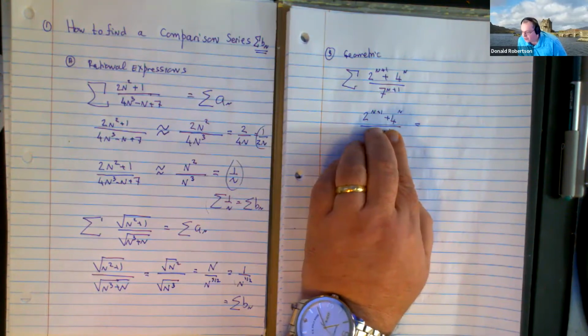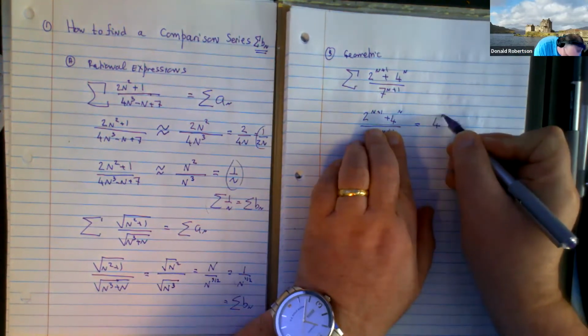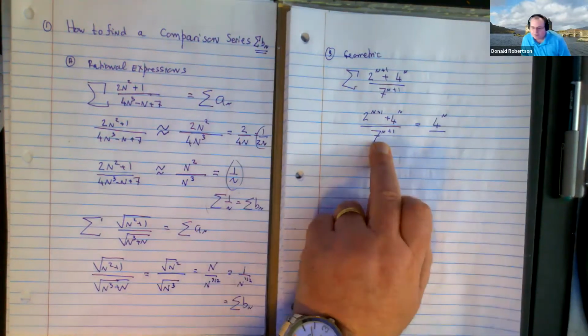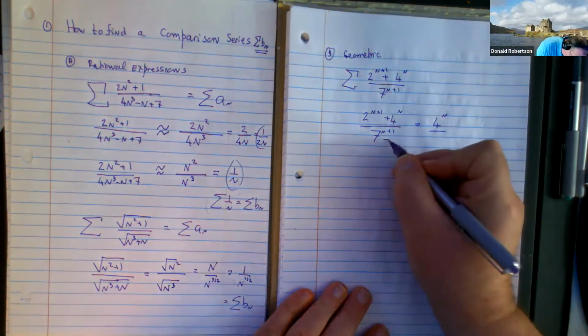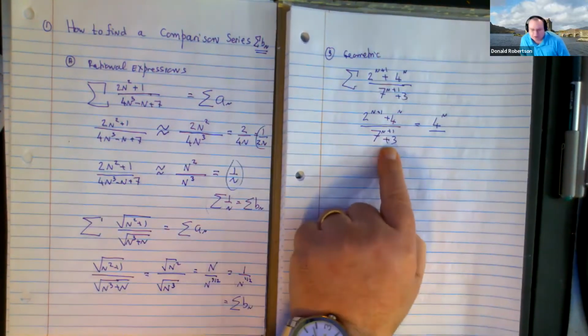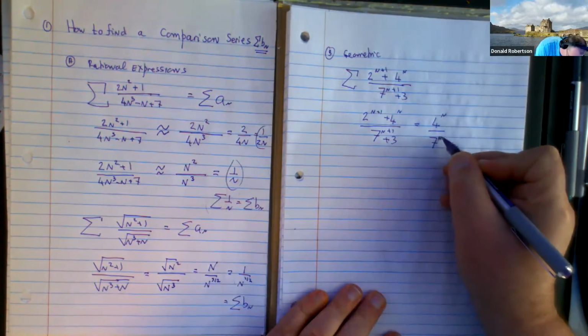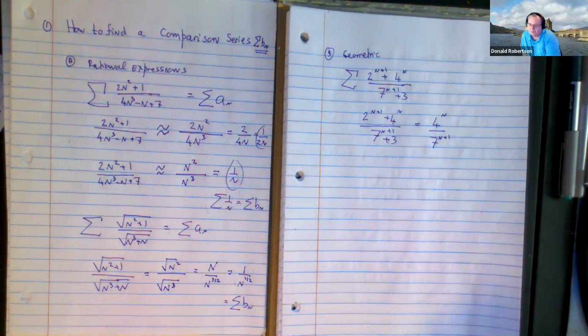So you pick it. Now, on the bottom, I don't have anything, but let's pretend there's a plus 3 there. Now, that one's a little bit easier. Would you agree that's 7 to the n plus 1?